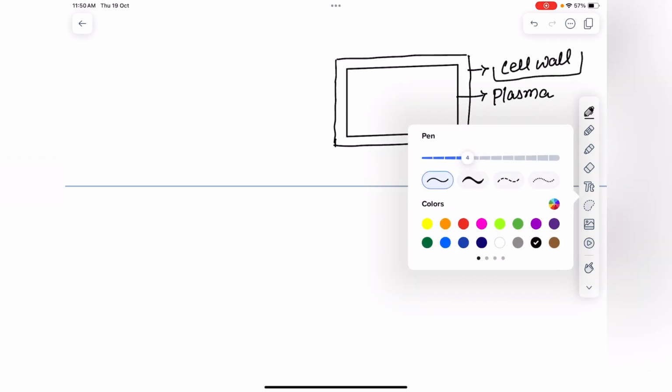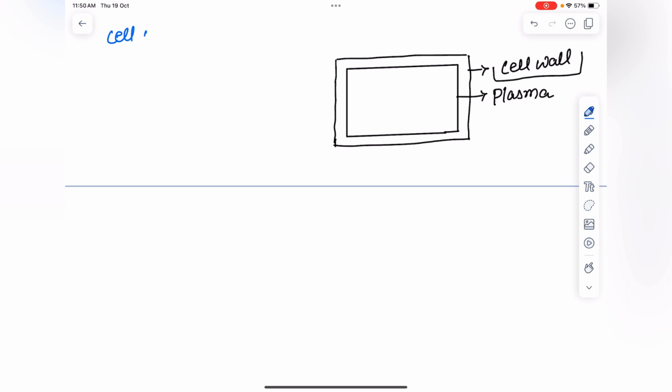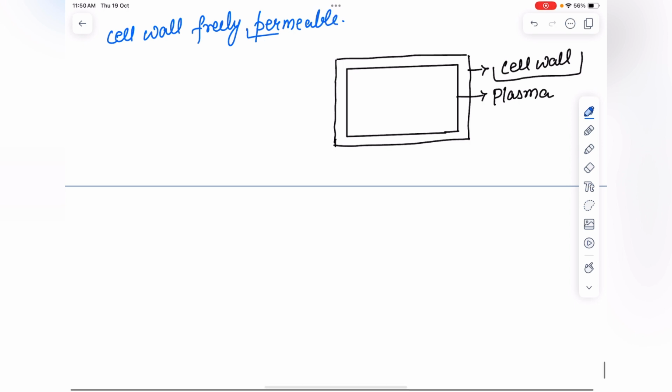What does freely permeable mean? It means all substances can easily enter through it. Water and solutes can all enter through the cell wall. That is called freely permeable.